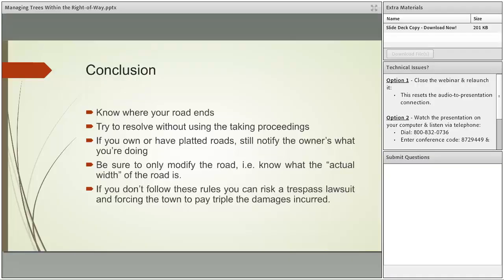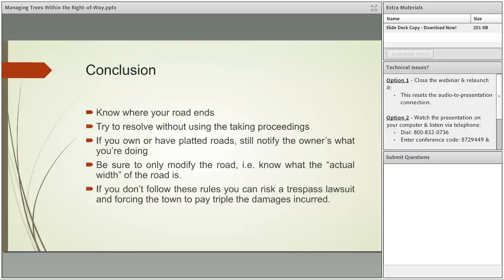The next question is, how does spraying brush affect all of this? Like I said earlier, spraying brush, just because of its uncertainty within the law, whether brushing is legal without having to notify the landowners, you should notify the landowners of what you're doing. If you are using chemicals, make sure that the chemical does not go onto the landowner's land.